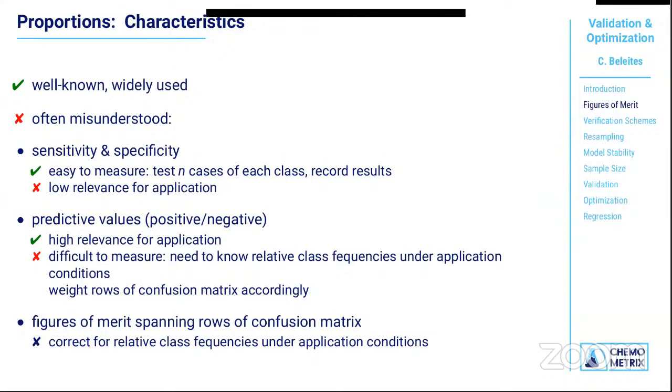So to come back to that, they're well-known, widely used, but we need to be careful because sensitivity and specificity are easy to measure, but not that relevant for the application usually, whereas the predictive values are highly relevant, but difficult to measure because we always need to know those relative class frequencies and then need to weight accordingly.